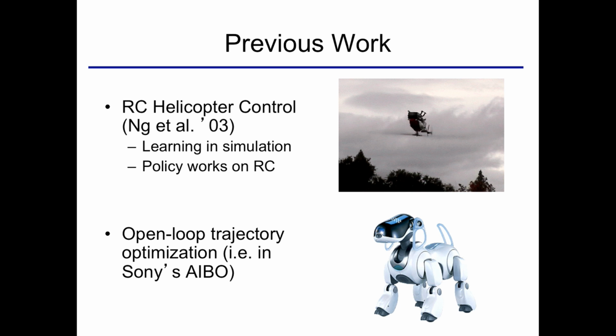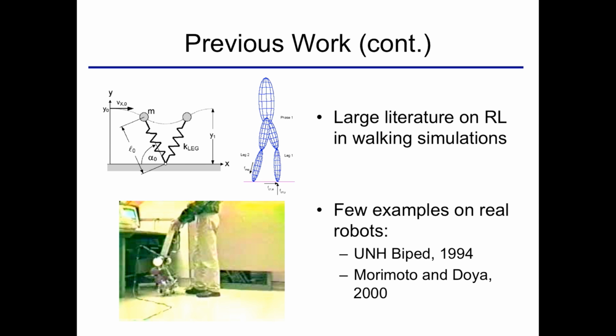At the time, there were people doing RC helicopters, which was iterative LQG, basically, or LQR, to do inverted helicopter flight. These were the success stories of reinforcement learning. They were doing open loop trajectory optimization for AIBO to play soccer. There was a cool robot from University of New Hampshire that, I'm not sure why that's not playing, actually.